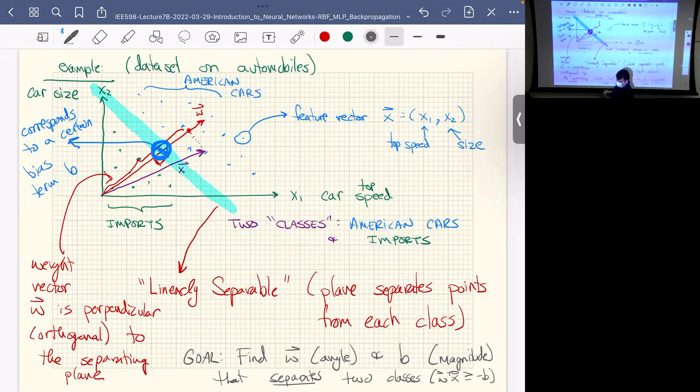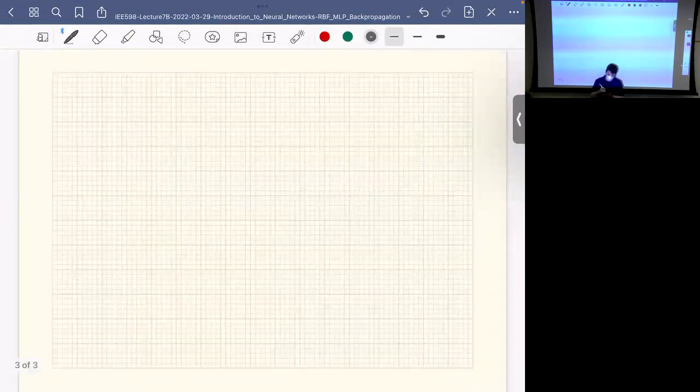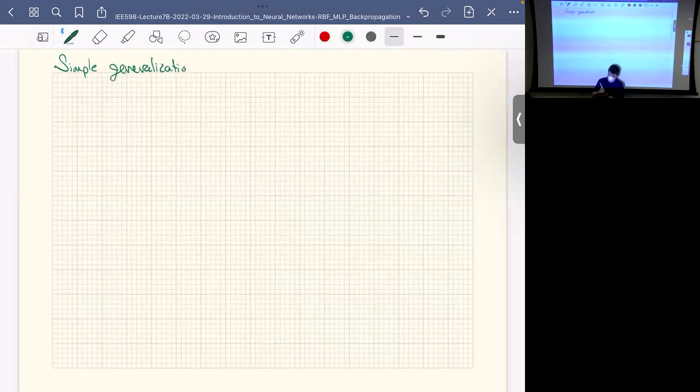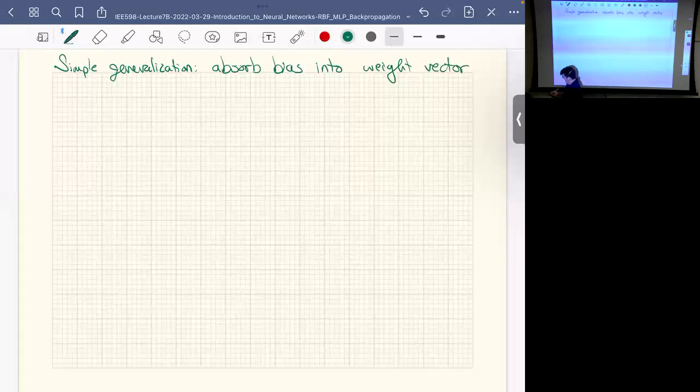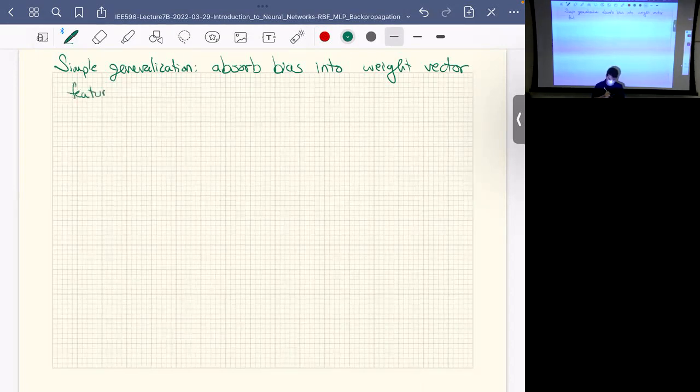All right, so a simple way that you can train these things. So I'm going to make a simple generalization. I'm going to absorb the bias into the weight vector. And so that just means that my feature vector takes on a 1. So imagine that I've got my normal feature vector. My feature vector now is going to have an x0, which is going to be equal to 1.